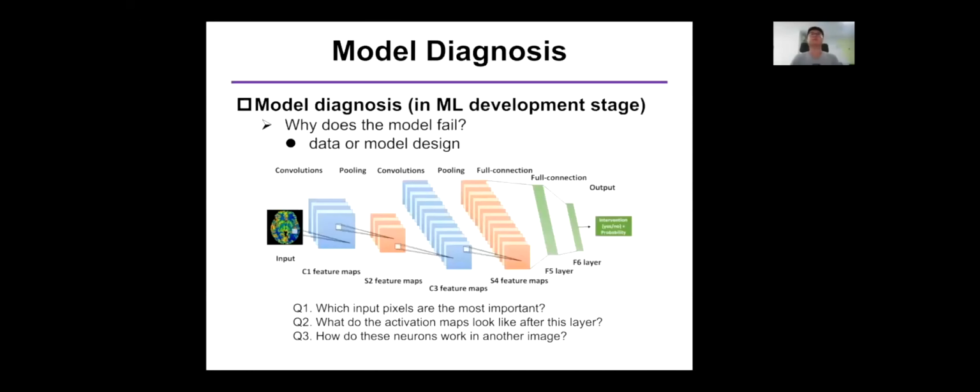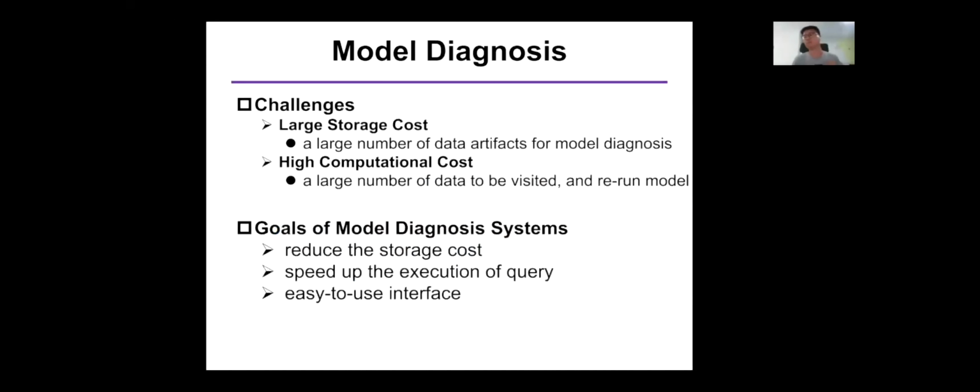And then we come to the model diagnosis. So during model development, there may be some failures. So we should know why the model fails. Is it because of the data or because of the model? So there may be some questions like which input pixels are the most important, and how do the neurons work? So from the view of the database, there is a large number of parameters and vectors.